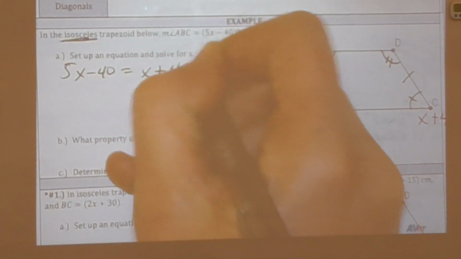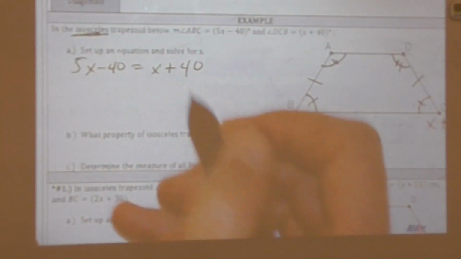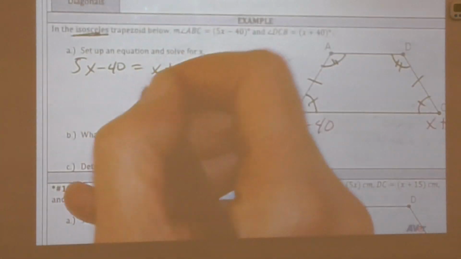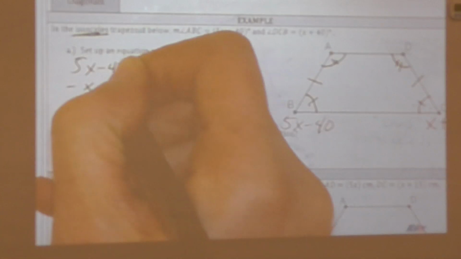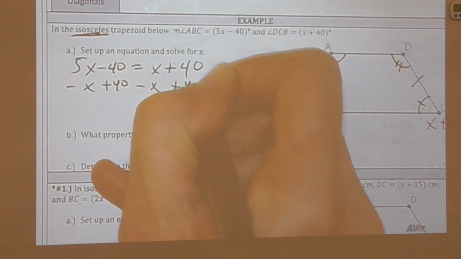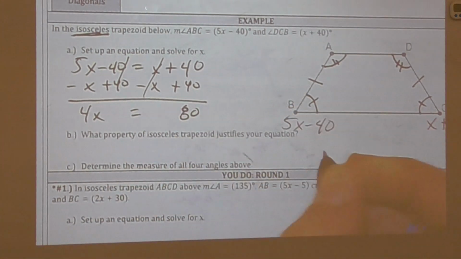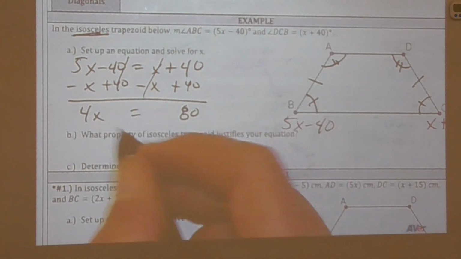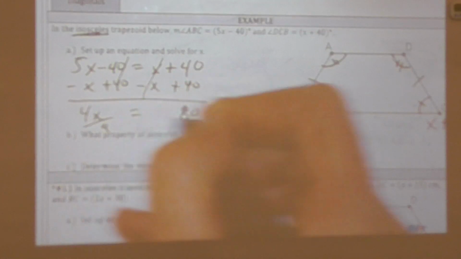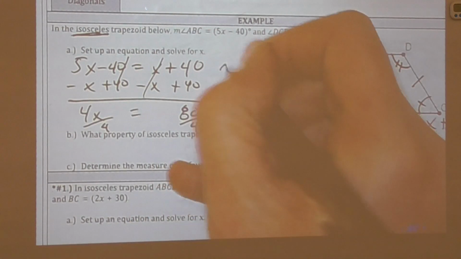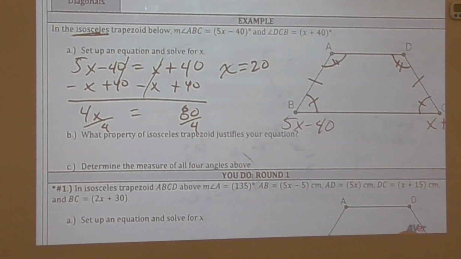So we have 5x minus 40 equals x plus 40, and solve for x. Subtract x from both sides, add 40 to both sides. Get 4x equals 80. Then divide both sides by 4. And get x equals 20.